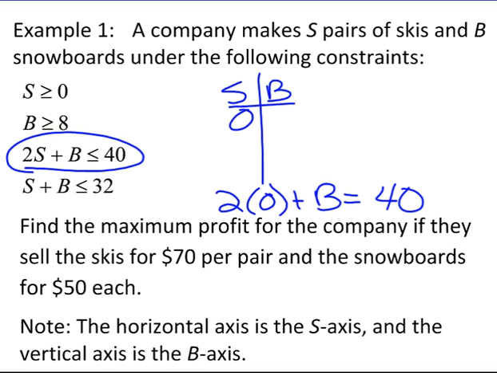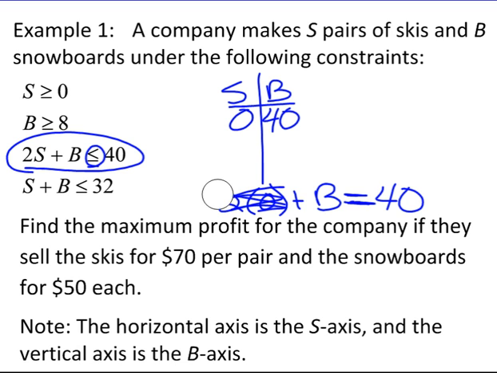Remember, when you're trying to find the points themselves, you use equal to. If I'm using a test point where I plug in 0 and 0 at the same time, that's when you use less than or equal to. So 2 times 0 is 0, we have B equals 40.